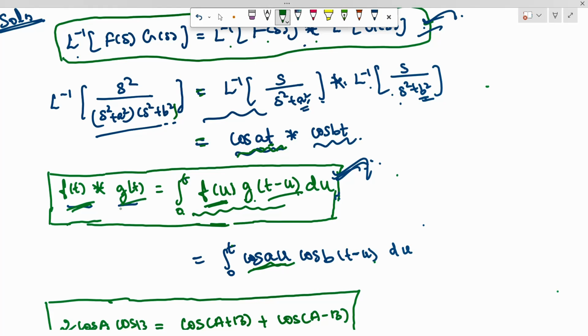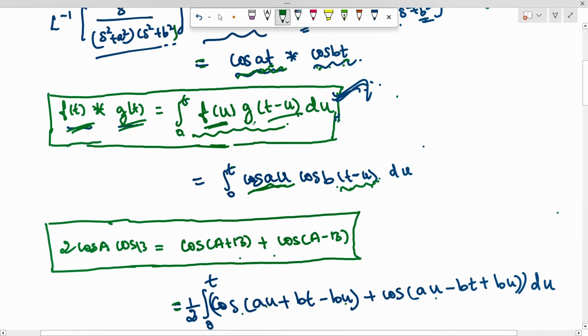Left hand side g of t is there, right hand side we write g of t minus u. In this problem, the second term is cos bt, that is like g of t. This can be written as cos of b into t minus u; in the place of t, you replace by t minus u, into du. Here we applied the convolution theorem definition.